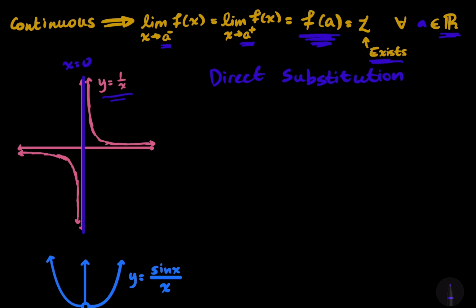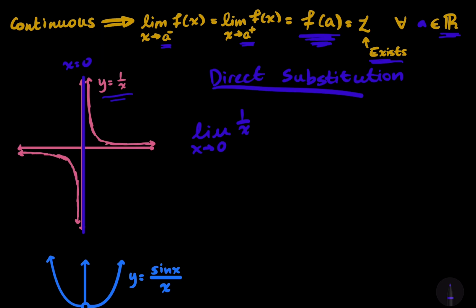Now, how can we actually determine that there is going to be that asymptote over there using limits? So let's go ahead and test this out. Suppose we wanted to take the limit as x approaches 0 of 1 over x. How do we know that there's going to be a vertical asymptote over here? We could try this method of direct substitution.